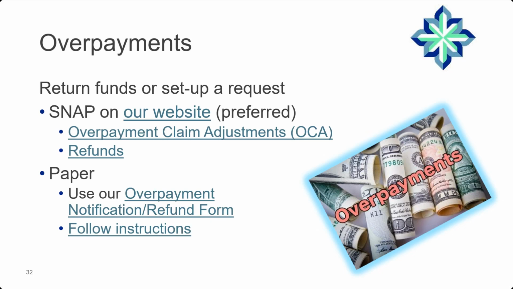So consider using our Secure Net Access portal. That's the provider portal that we call SNAP. You may have heard of it before. There are a couple features or functions in there. One is titled refunds and another one is overpayment claim adjustments. And so using this allows fast and efficient processing of your overpayments and refunds to Medicare.